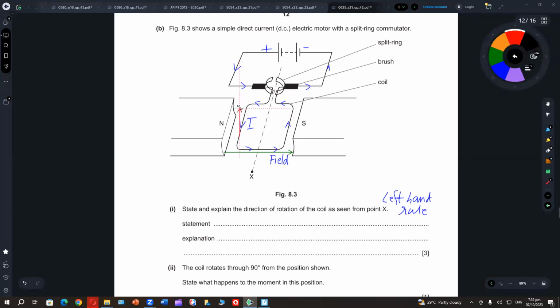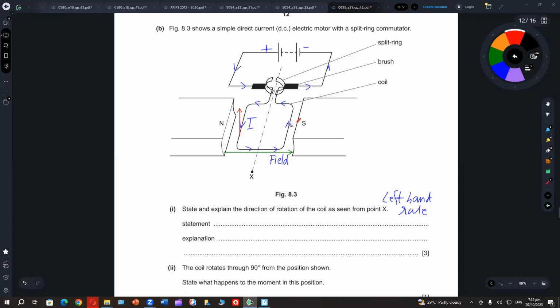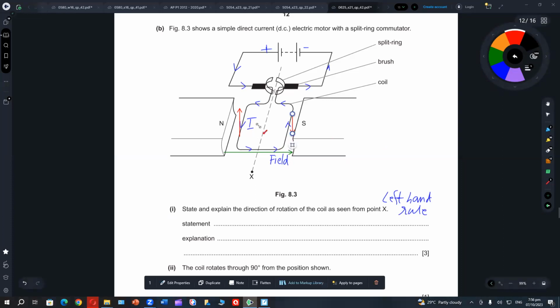So on one side the force is upward, and on one side the force is downward. Look at these two directions of the forces, Fleming's left-hand rule.